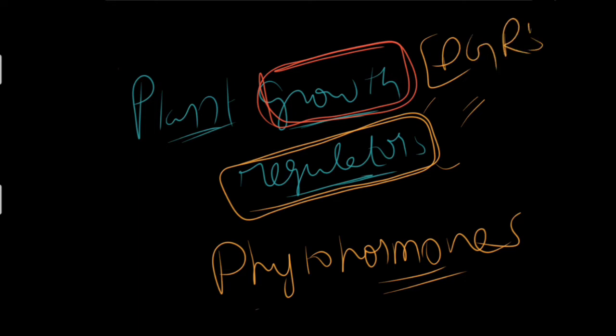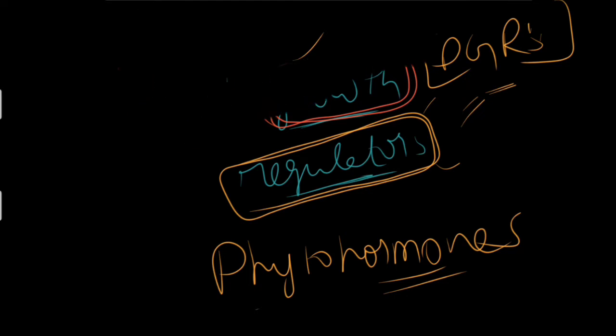Yesterday, in the last session, I told you that PGR is also one of the factors for development, since they help in growth of the plant. So let's discuss what these PGRs are today.